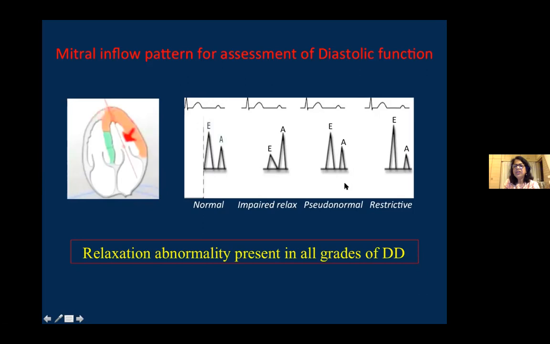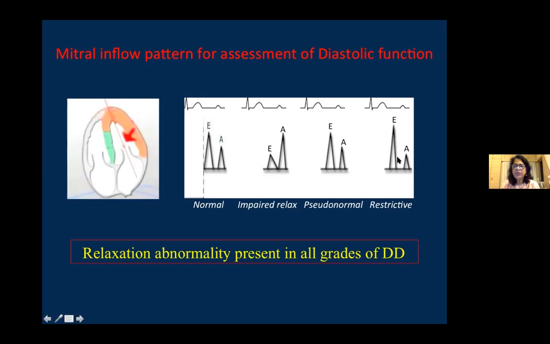Now, as the diastolic dysfunction advances further and the LV becomes non-compliant, as I told you already about the compliance, what happens? LA pressure significantly rises. So that results in a very tall E wave. And since the LV is non-compliant, the LV pressure rise is very quick.